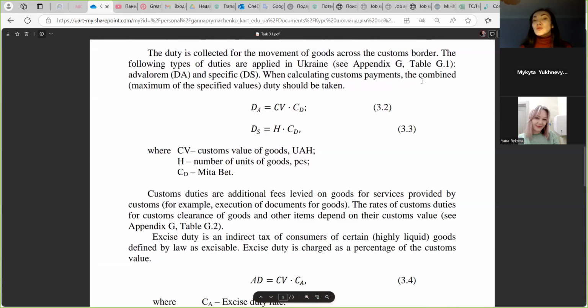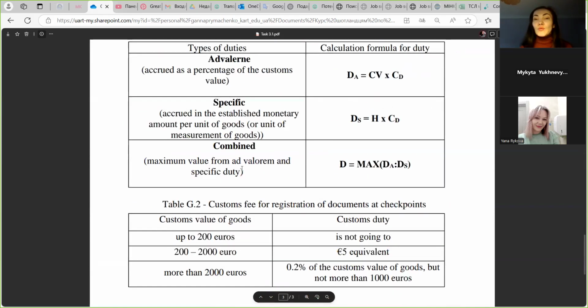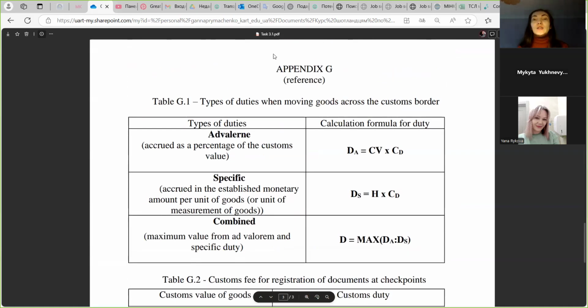When calculating customs payment, the combined duty should be taken. So we have three types of duty. I open our table and we come back to this formula. It is our reference information, these types of duty when moving goods across the customs border. So we have three types of duty.